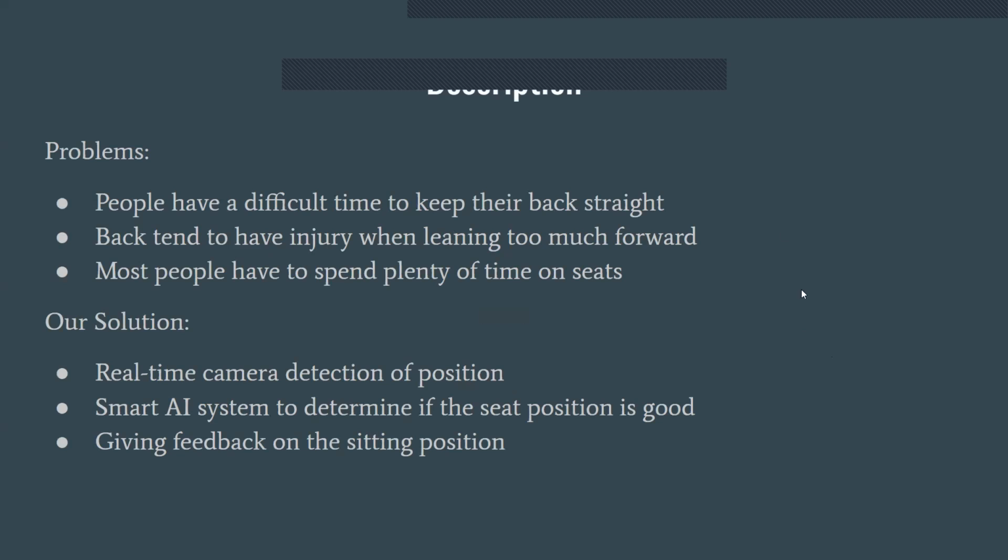Let me briefly describe this project. People right now have a problem while using computers: they have a difficult time keeping their back straight.